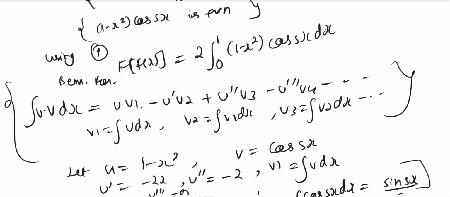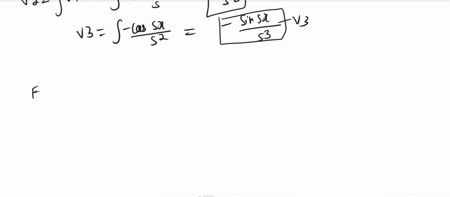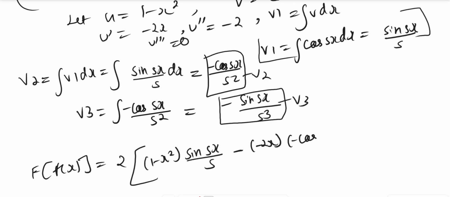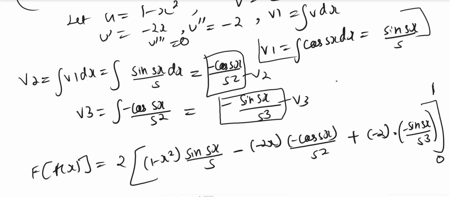So the value of this integration will come in the form u v1, u dash v2 and u double dash v3 with alternating signs. So the Fourier transform of a function f(x) is 2 times: u v1, where u is 1 minus x square and v1 is sin sx divided by s, minus u dash which is minus 2x and v2 which is minus cos sx divided by s square, plus u double dash which is minus 2 multiply v3 which is minus sin sx divided by s cube, and the limit is from 0 to 1.